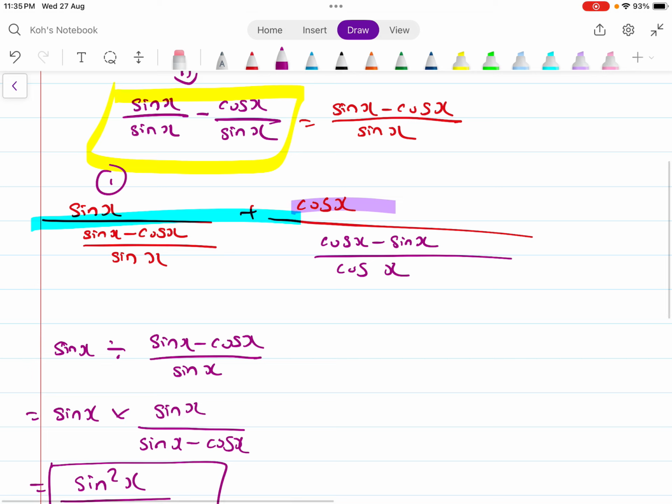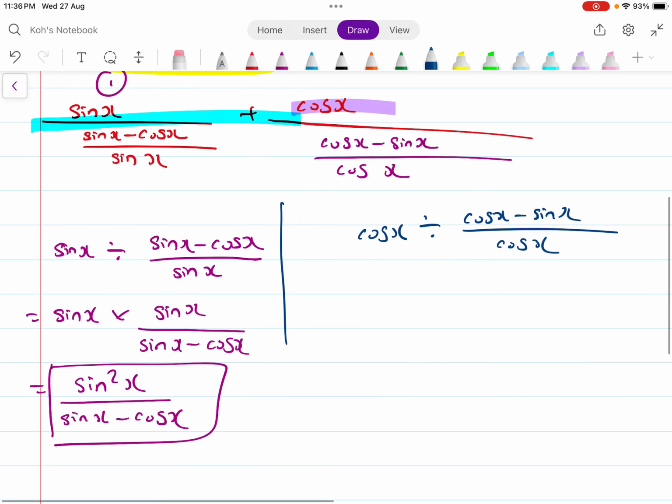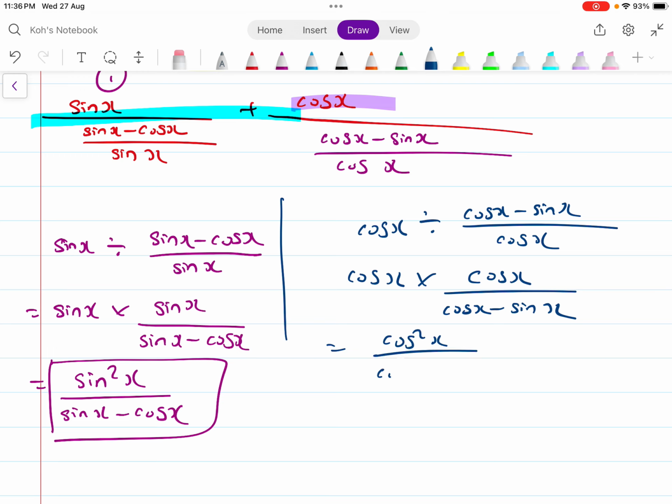Then the second term right here is the same thing, KCF. Cosine x divided by cos x minus sine x over cos x. So keep, change, flip, over cosine x minus sine x. This leads you to cosine square x over cos x minus sine x.